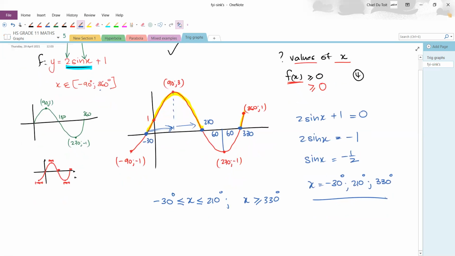Okay, but we're only allowed to work to 360. So I'm just going to restructure that. So this is where x is larger or equal than 330 and smaller or equal than 360. Just that section there. Those two sections, the graph is above the x-axis, so it's larger or equal than 0.